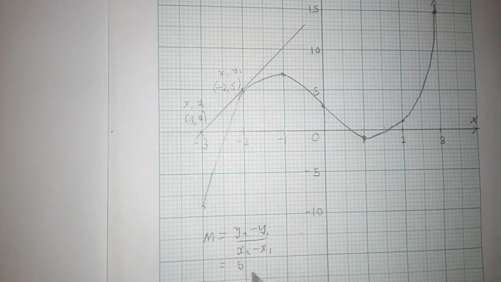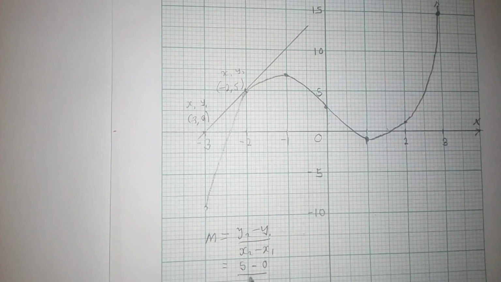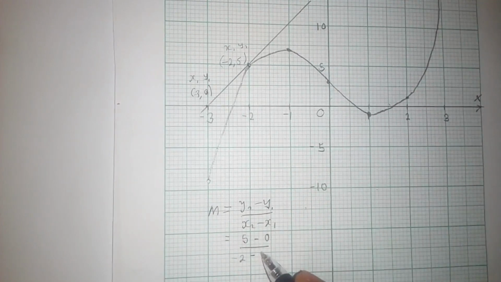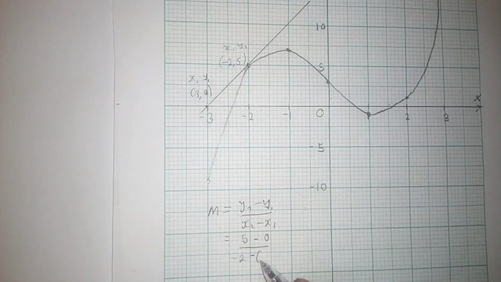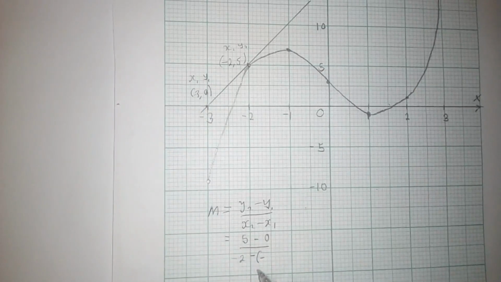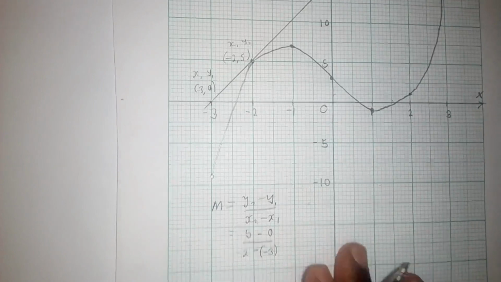Y sub 1 is 5 minus what is my y sub 2 is 0, over what is my x sub 1 is -2 minus what is my x sub 2 is -3, because the number here has got a negative, and in the formula there is a negative which is already there. So I'll put the brackets to show that this number has got a negative sign.